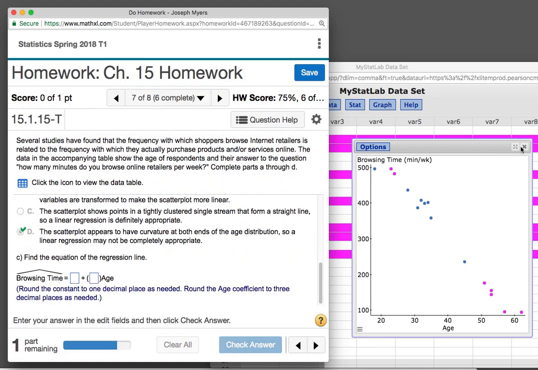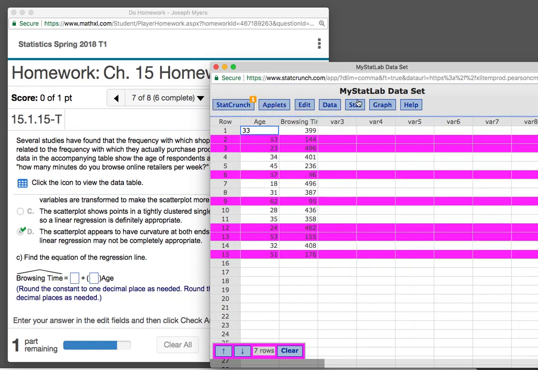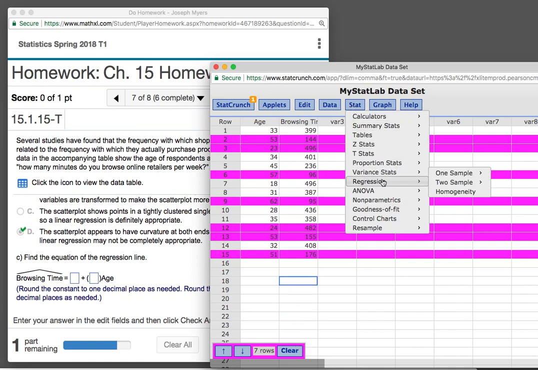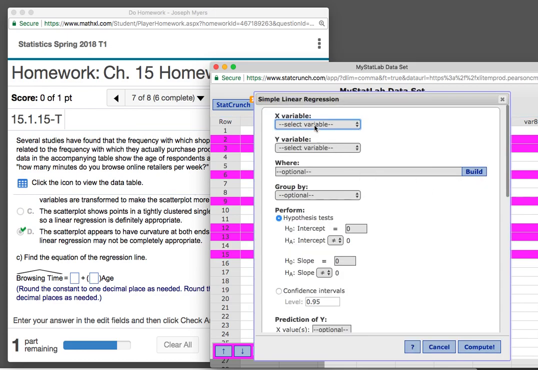So let's find the equation of it. To find the equation of it, we'll just do Stat, Regression, Simple Linear, X variable age, Y variable browsing time, and click Compute.